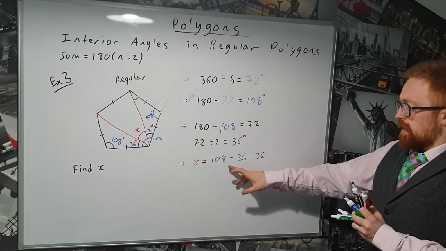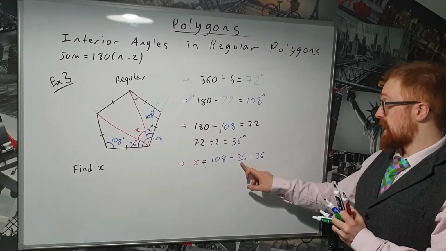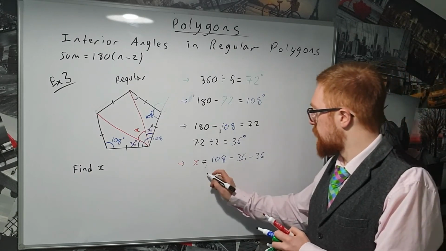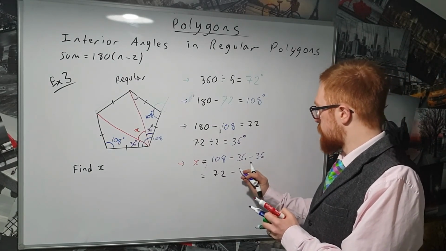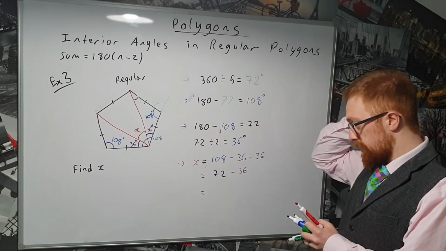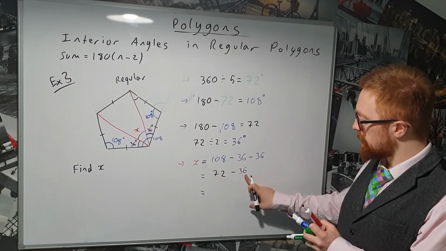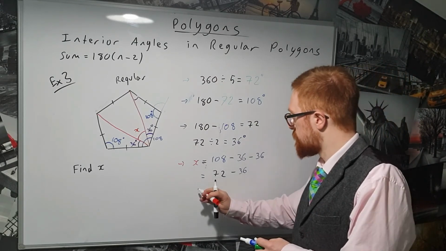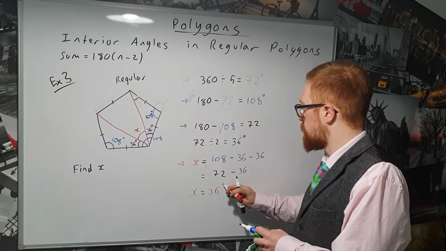Now 108 take away 36 gives me 72. So that equals 72, take away another 36 is equal to, well, 72 take away 30 is 42, take away the 6 is 36. So x is equal to 36 degrees.